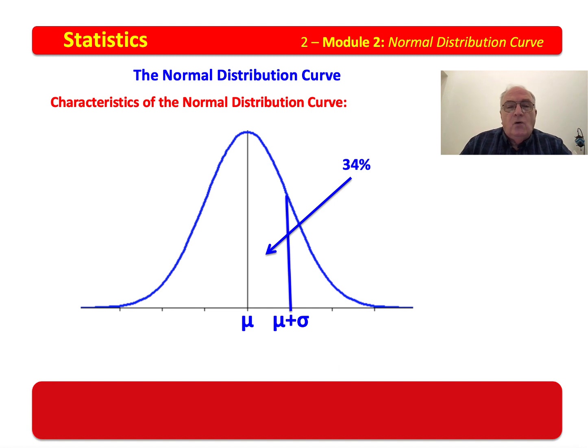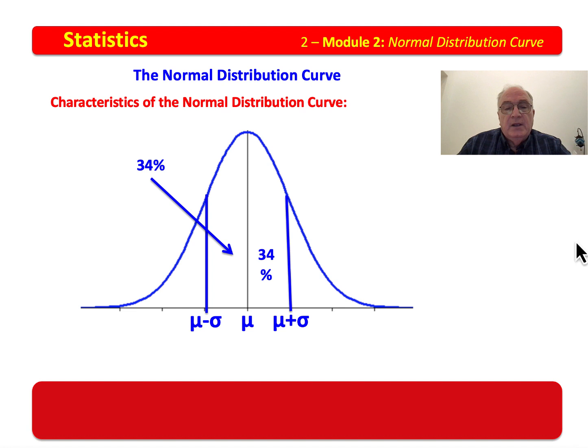Now, in a normal distribution curve, one of the first things that we discover is that 34% of the data lie between the mean, or mu, and 1 standard deviation above the mu. And 34% of the data lie from mu down to 1 standard deviation below the mean.